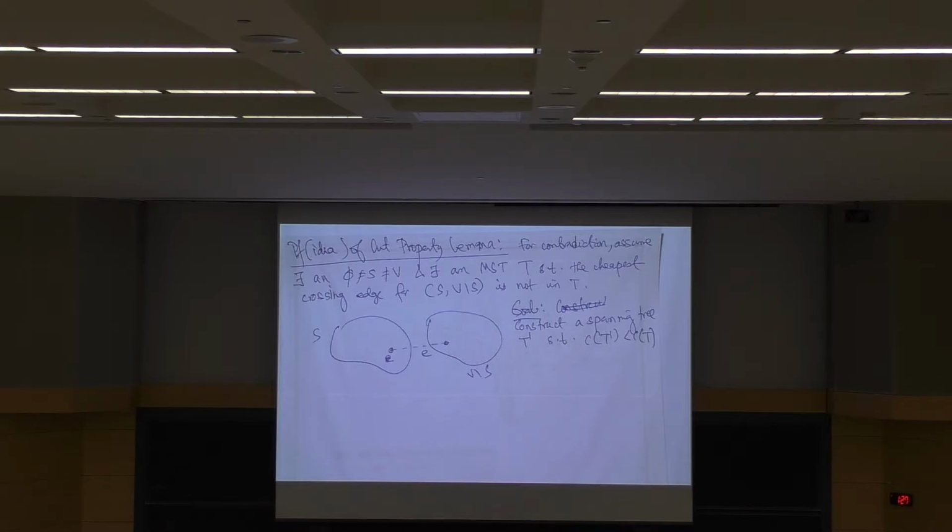So by definition among all spanning trees, T's cost is the minimum.